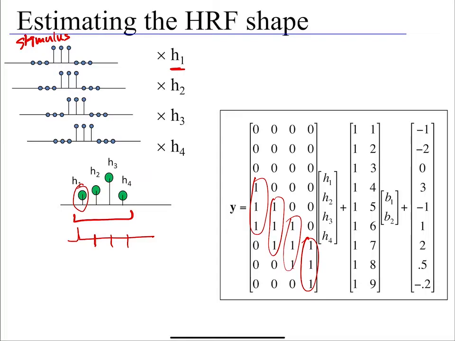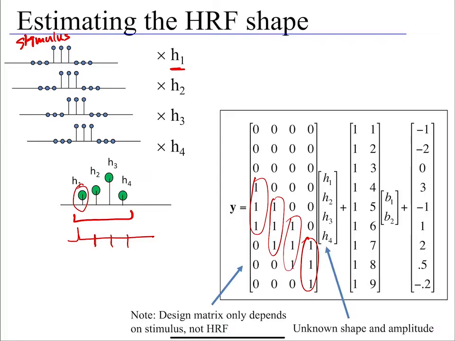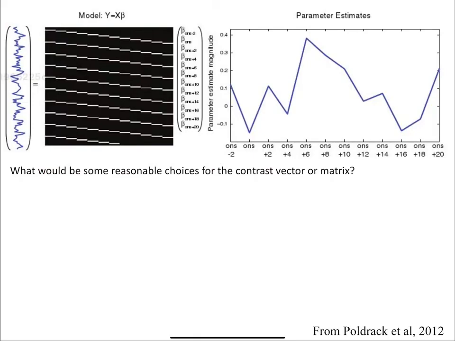So this is an example of that, where there's some stimulus. Okay, so that's the stimulus. If I look, it looks like this periodic design where I'm just hitting the brain with stimuli periodically. And then to do my design matrix, you see each column is just a shifted version of the previous one.